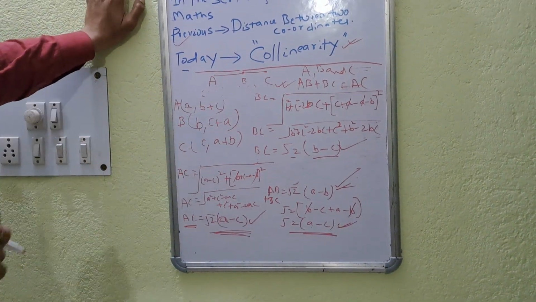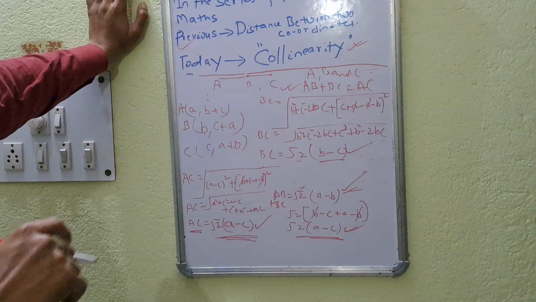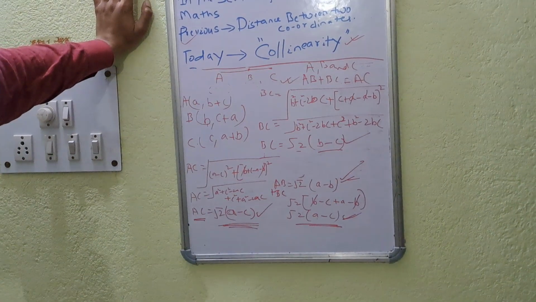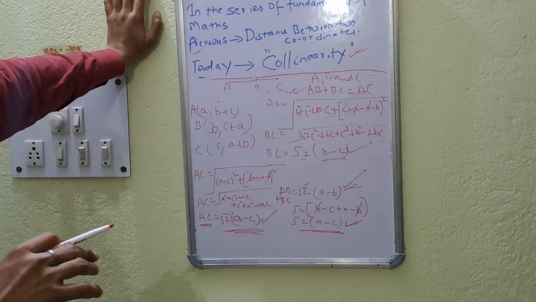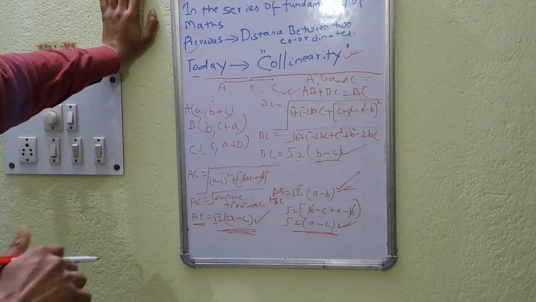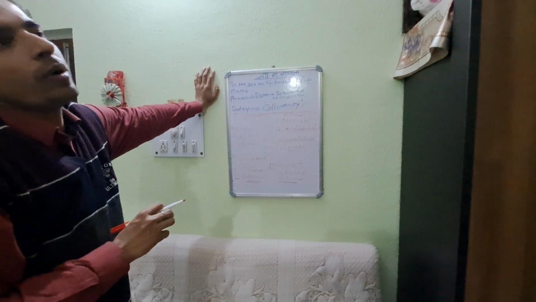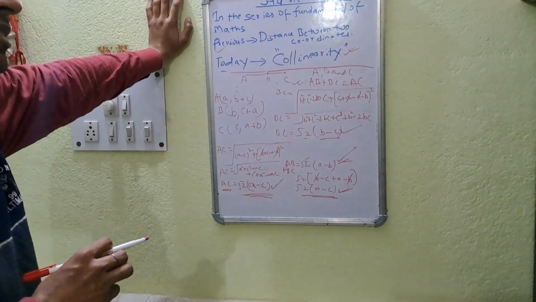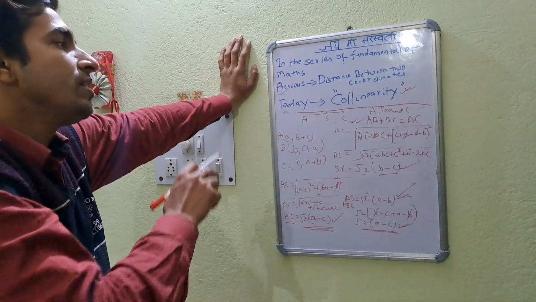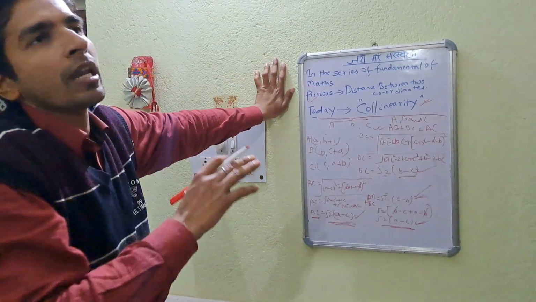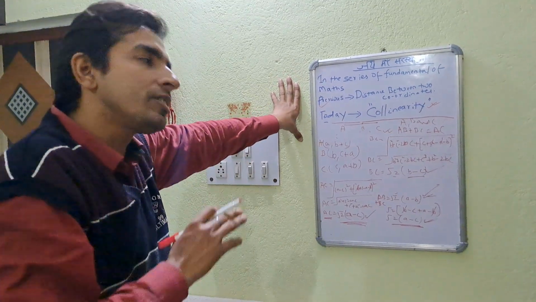So we had established that the summation of AB and BC is equal to AC. This demonstrates that if the sum of AB and BC is equal to AC, then we will be saying that these 3 points are collinear. Collinear means these 3 points are lying on the same straight line.